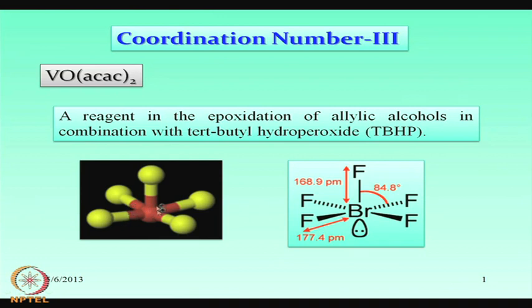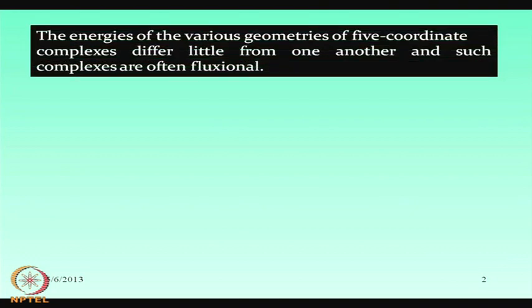This particular ball and stick model will depict the geometry of either the vanadyl acetylacetone molecule or the BrF5 molecule, showing nicely the square plane, and the apical side is occupied by either the fluorine atom in the case of BrF5 or the oxygen of the vanadyl acetylacetone molecule.